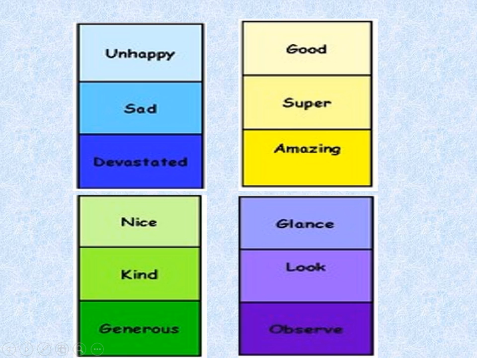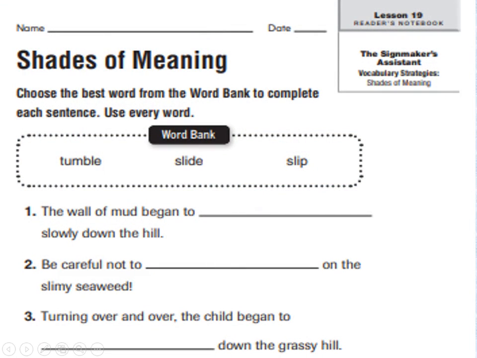Now let's go to the reader's notebook, page 57. Shades of meaning. This is the vocabulary strategy that is called shades of meaning in the Sign Makers Assistant unit. Choose the best word from the word bank to complete each sentence. Use every word.